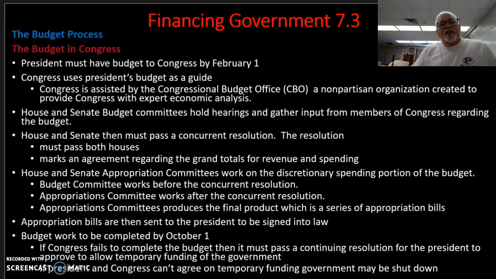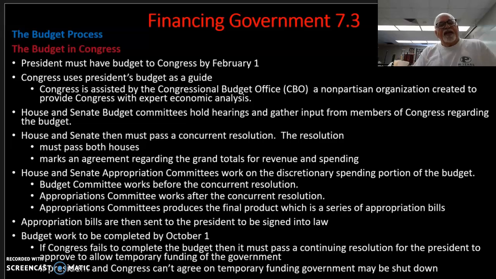Then the House and Senate Appropriations Committees go to work on that budget in each of the respective chambers, budget committees and appropriations committees. They produce the final product. Then the appropriation bills come together, and once again they agree on it, and then they send it off to the President to be signed.